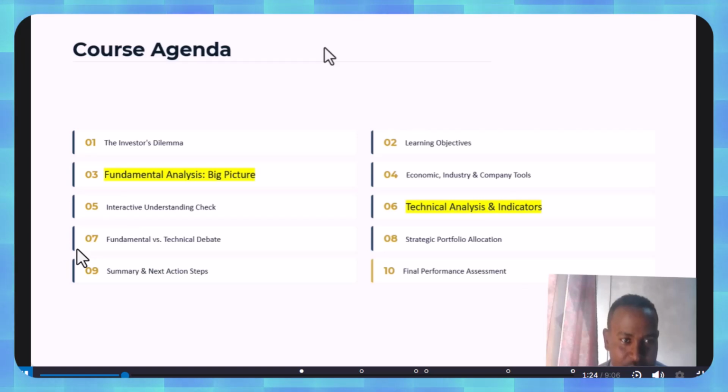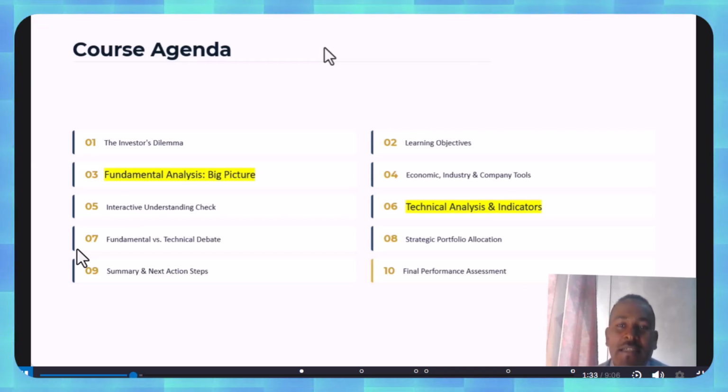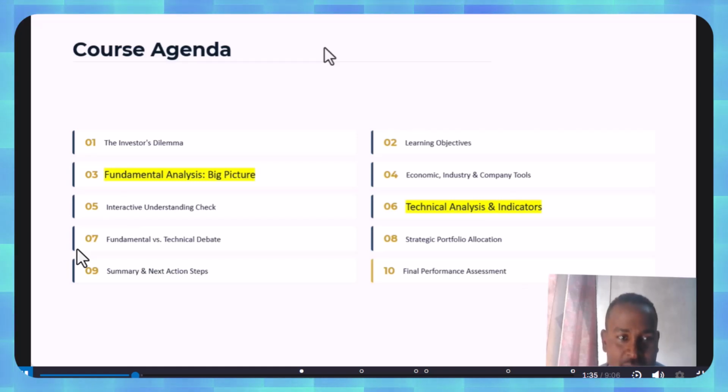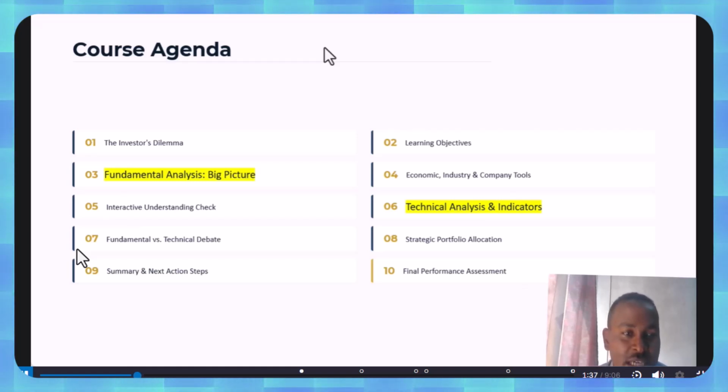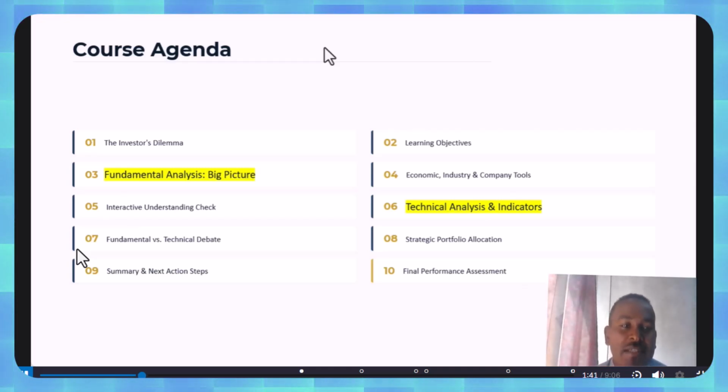Next to that, we will have an interactive understanding check. After that, we will see the second approach, which is technical analysis and indicators. Next to this, we will see fundamental versus technical analysis, the debates, the two sides.